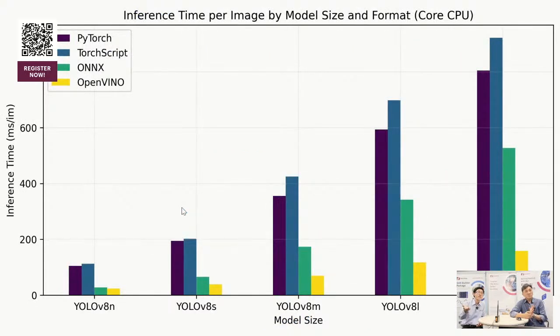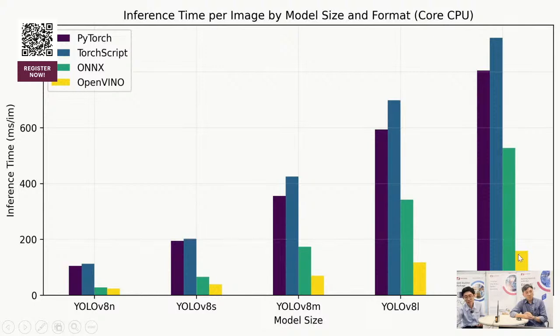Okay, so previously I mentioned the TensorFlow can be used for inference. Then why do you want to use the OpenVINO again? So from this chart, for example, we take this YOLO V8 X. This one is the heaviest YOLO V8 version. The yellow color is the inference time.